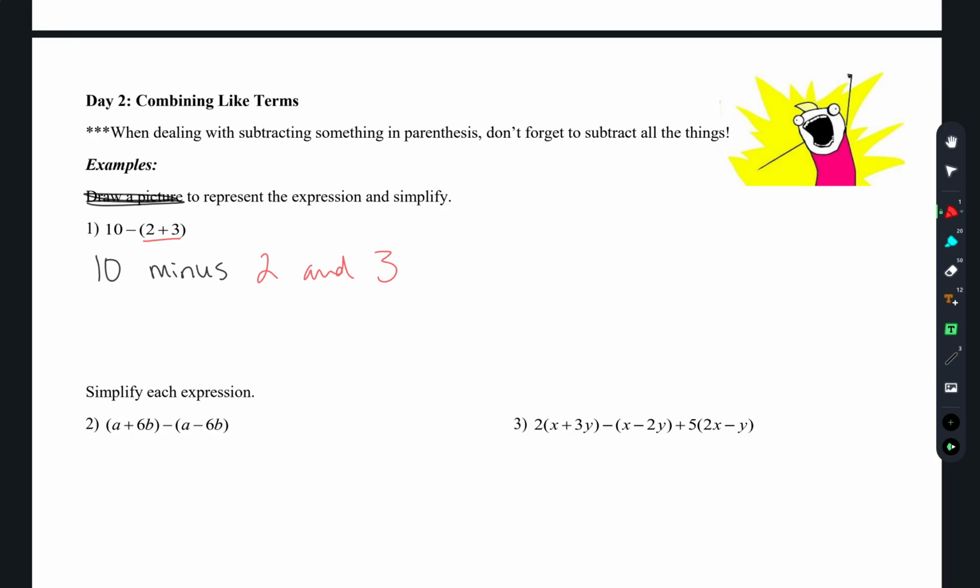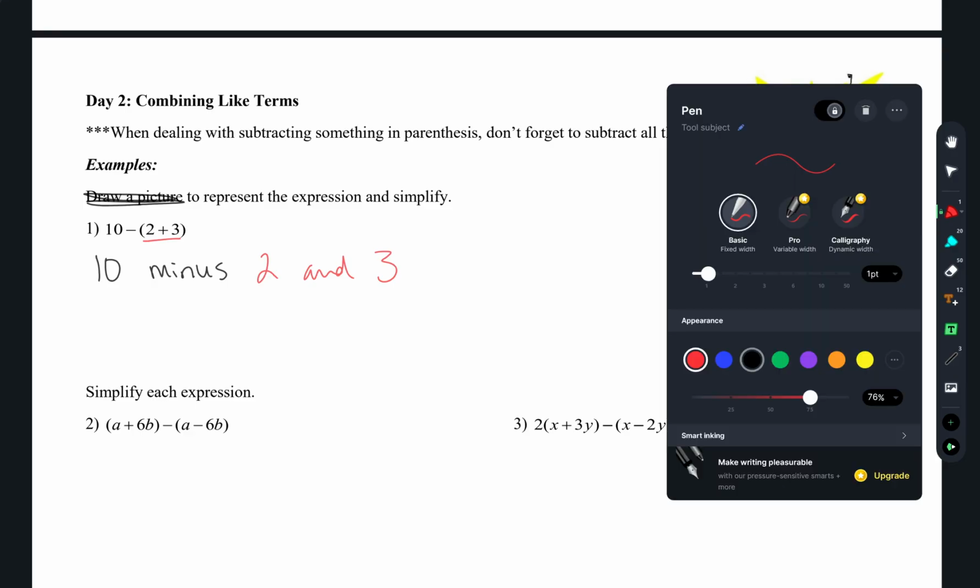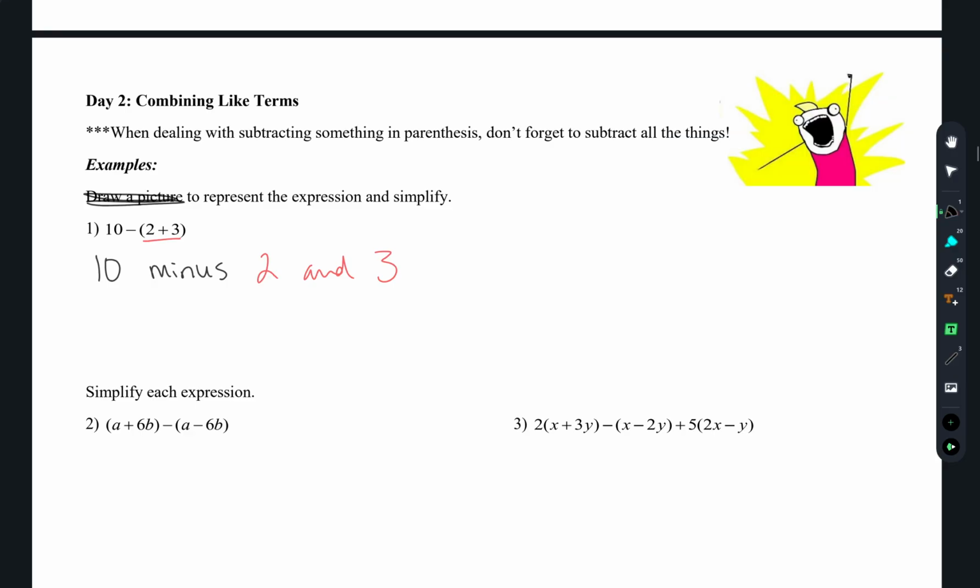So when we get to some of these crazies over here, when you're doing that subtraction outside of grouping, it means you're subtracting all the things in there. Okay, so I know a lot of you can just do that. It's not that hard. It's 10 minus 5, right? But it's because you're doing 10 and then you're doing minus 2 and minus 3. You have to subtract both of them.